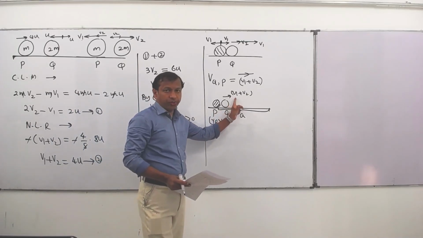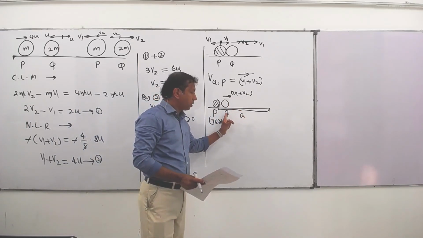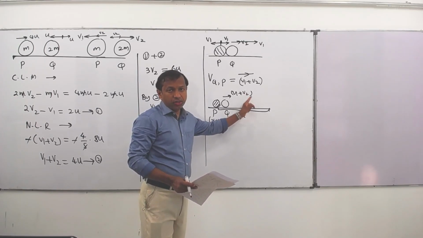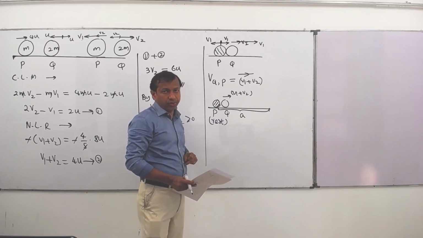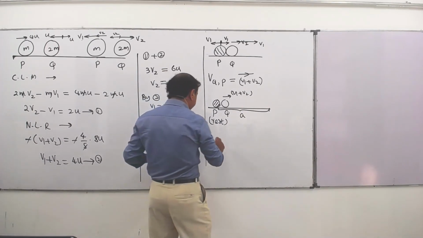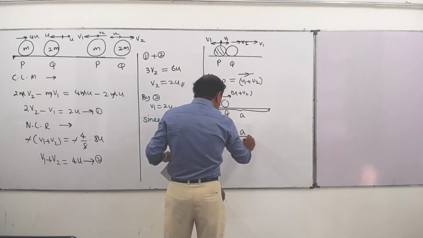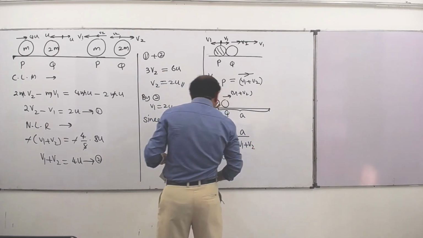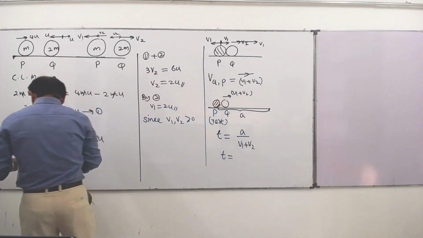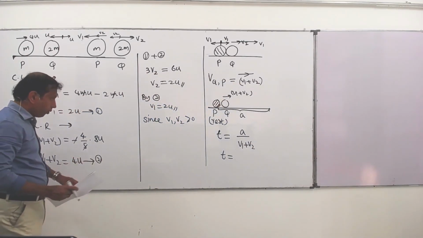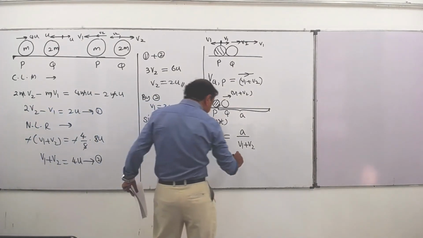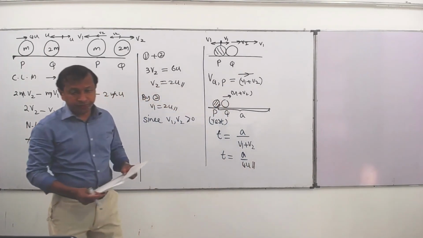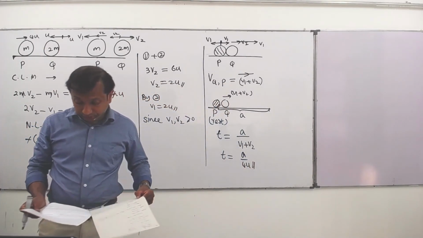Velocity is V1 plus V2, distance is a, so the time is distance divided by velocity. Time is a divided by V1 plus V2. Given V1 plus V2 is 4u, the time is a over 4u.